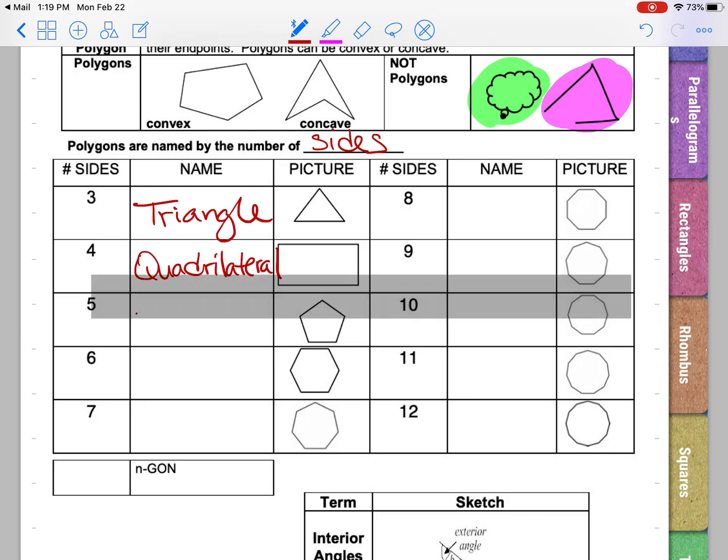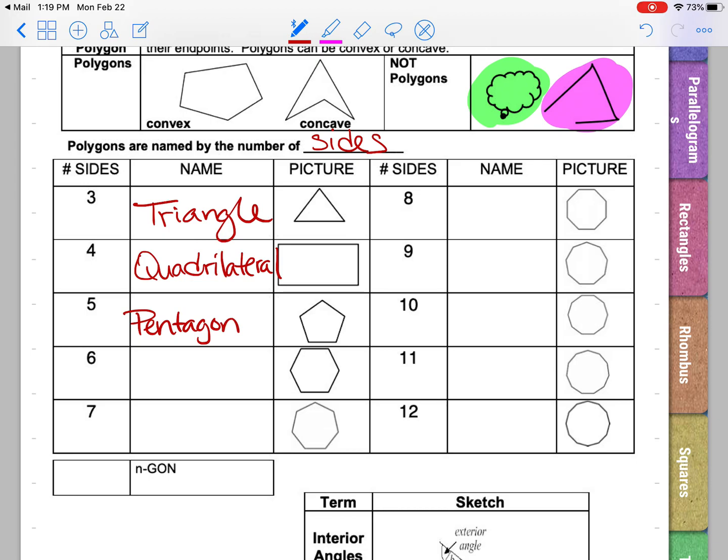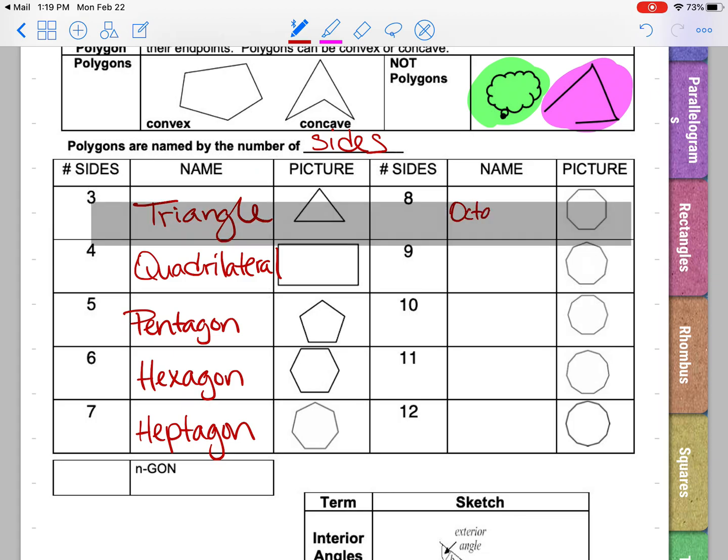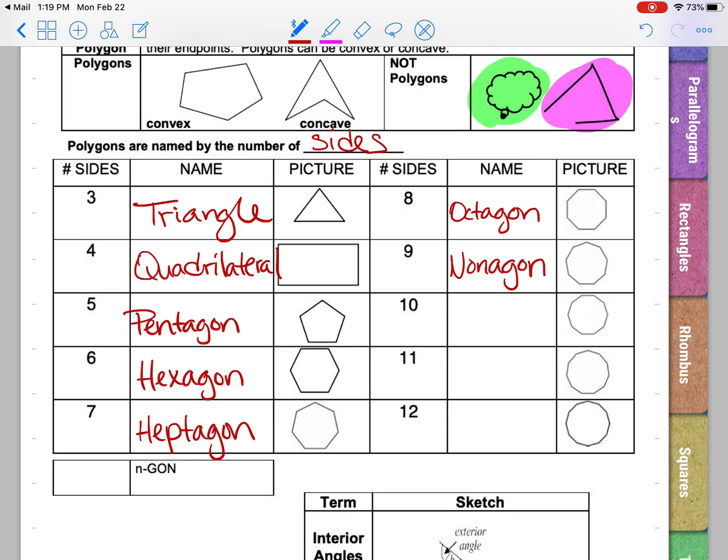5-sided figure is a pentagon. 6-sided is a hexagon. 7-sided is a heptagon. 8-sided is octagon. 9-sided is a nonagon. 10-sided is a decagon.